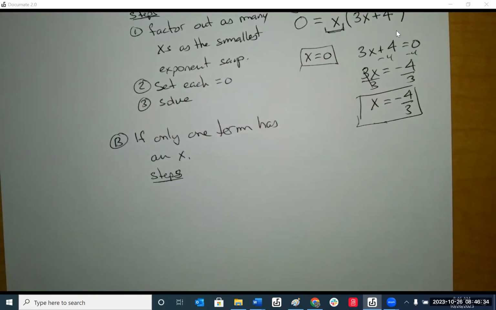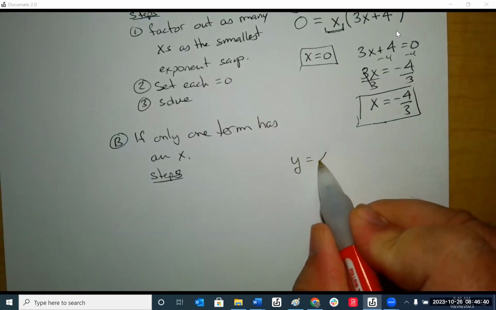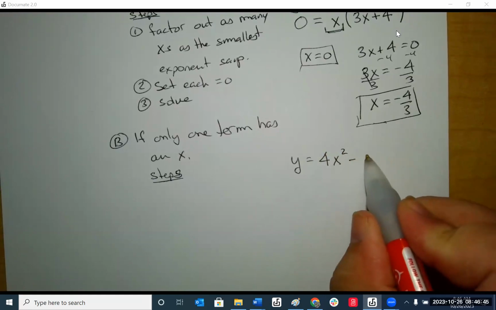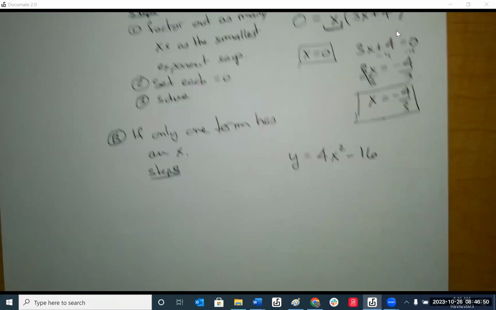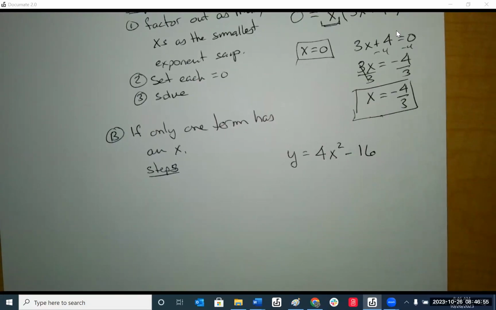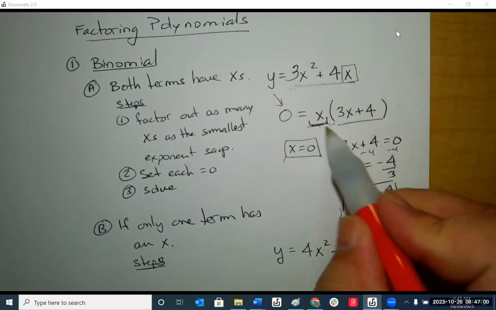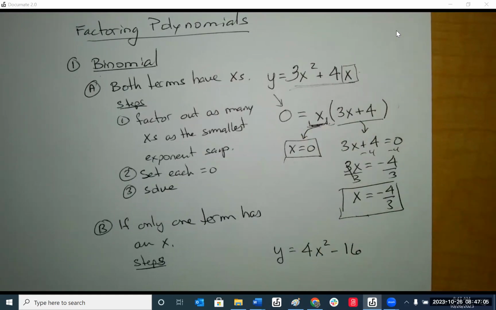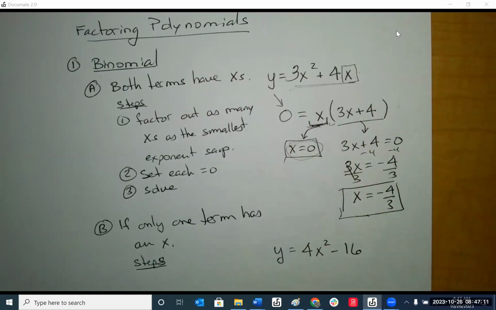If only one term has an x, like, well, since I have two terms here, I set that equal to 0, and I set that equal to 0. Since I set x equals 0, that's as far as I can go there. The x equals 0.